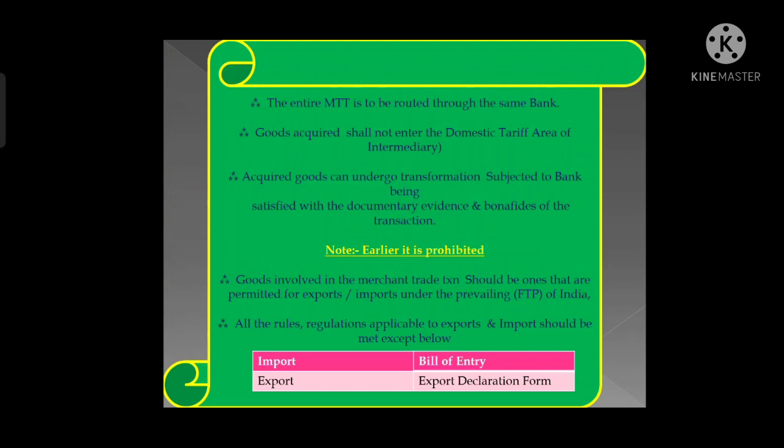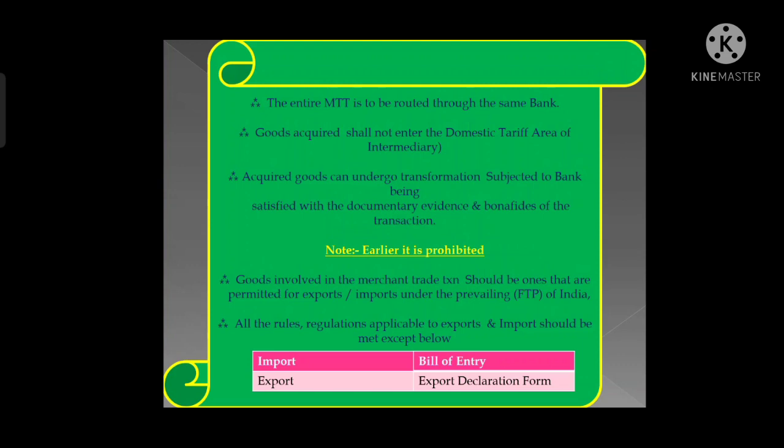That depends on the satisfaction of the bank, on how satisfied the bank is with the bona fides of the intermediary's transaction. If the bank is satisfied, the bank can allow the goods to undergo transformation.